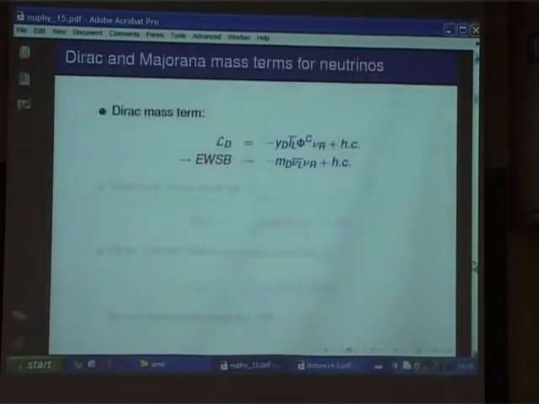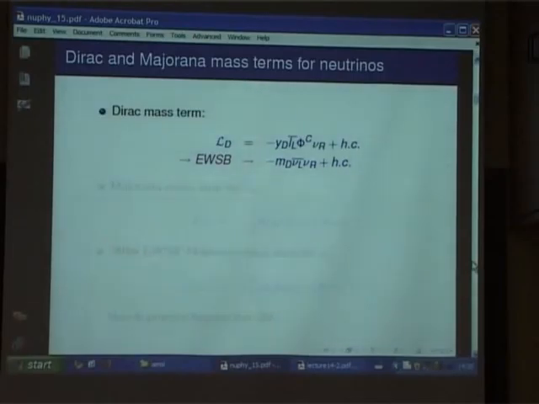So the first thing we will do is the following. Now that we know that a Dirac mass is allowed, and we know that a Majorana mass is allowed for nu r, that's given to us. So we accept that electron number is valid. Then what do we have?